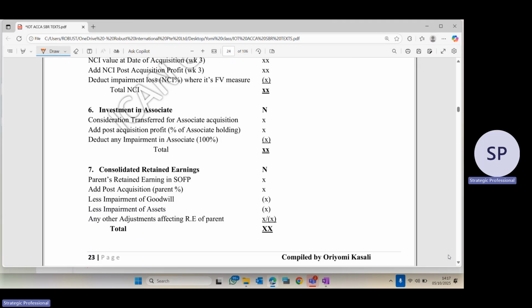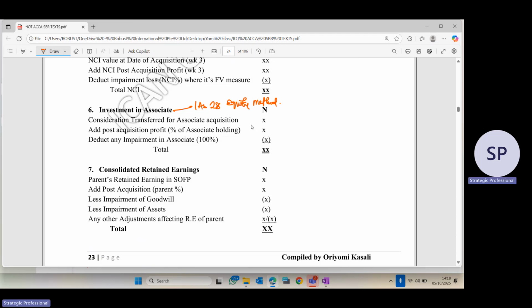Investment in associates. According to IAS 28, it says equity method of accounting. Equity method is consideration transferred, add proportionate share of associate profit, which is post-acquisition profit.